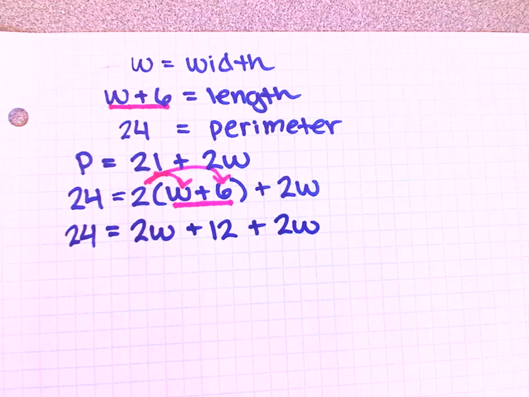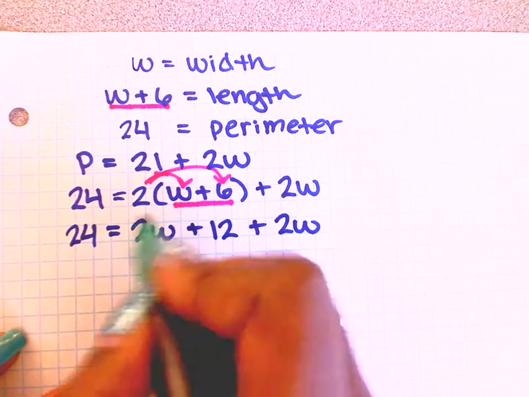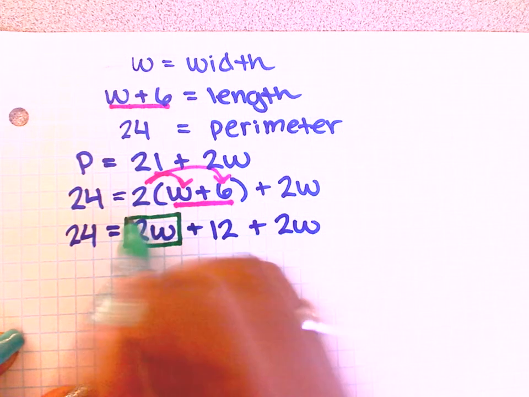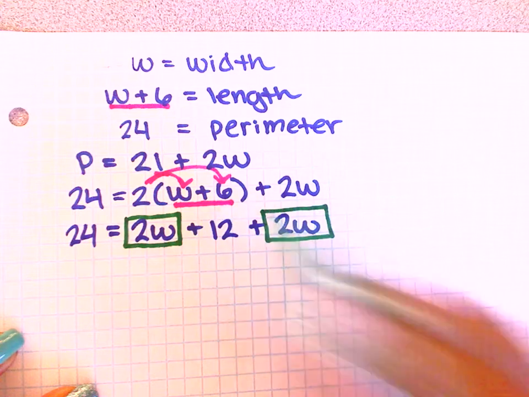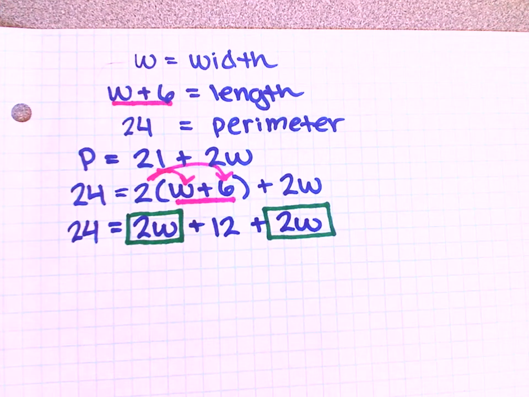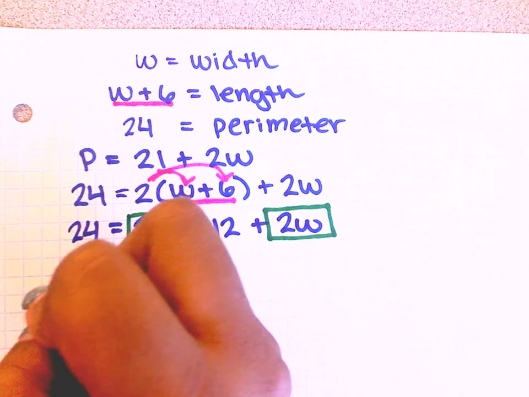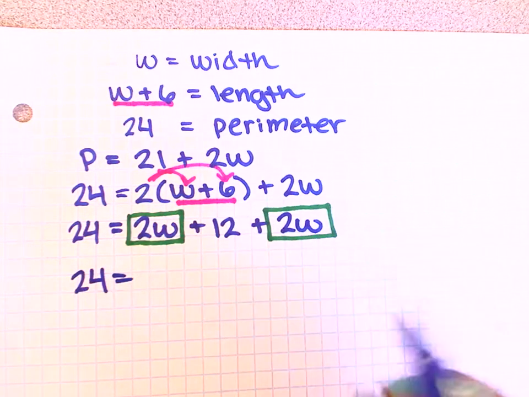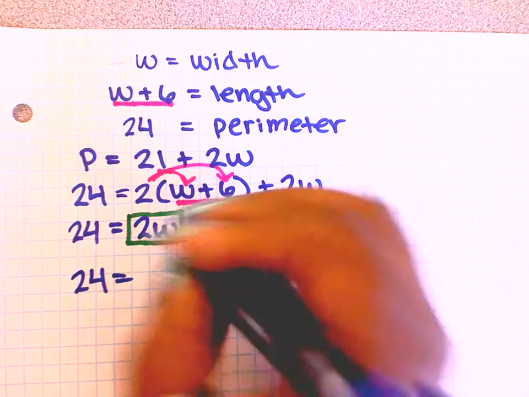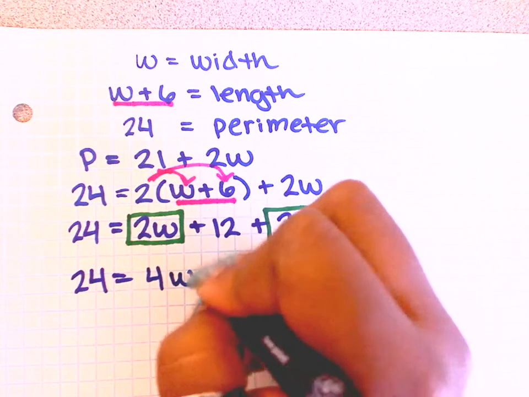I see like terms. I can combine my like terms. We learned that already. 2W plus 2W is 4W plus 12.